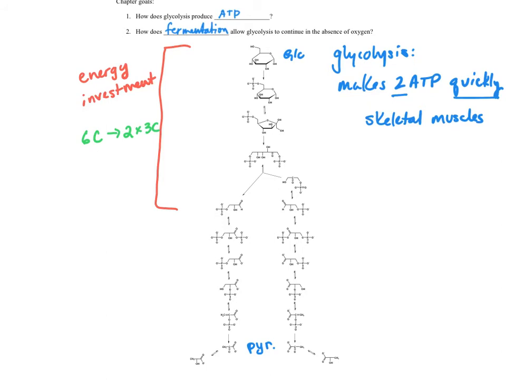The second set of 5 reactions, if we go down to pyruvate at least, is going to be the energy dividend phase. Like I said, if we invest up front and go into debt, we hope to earn back the ATP that we've invested and then make more to make a profit. So when we say glycolysis makes 2 ATP quickly, what we mean is that it makes 2 net ATP or profit ATP in a rapid manner.